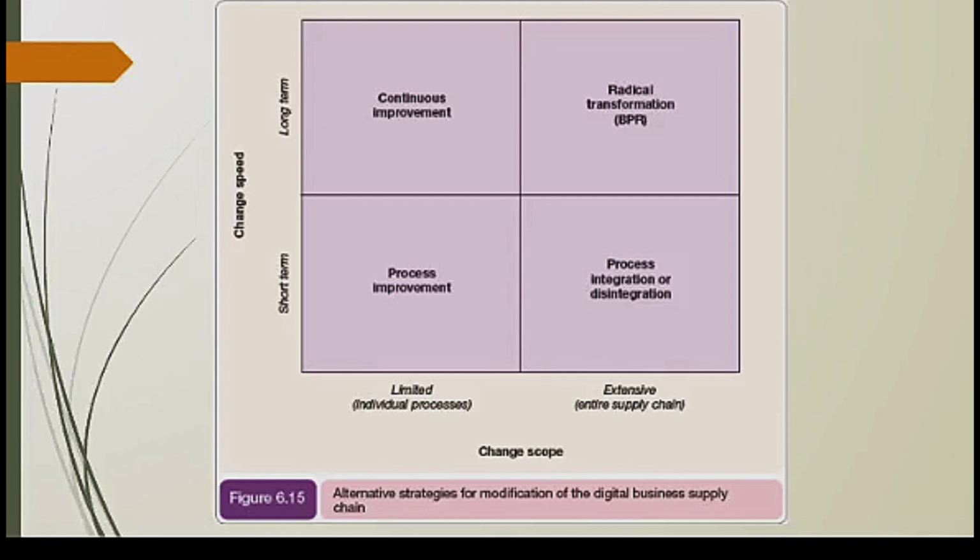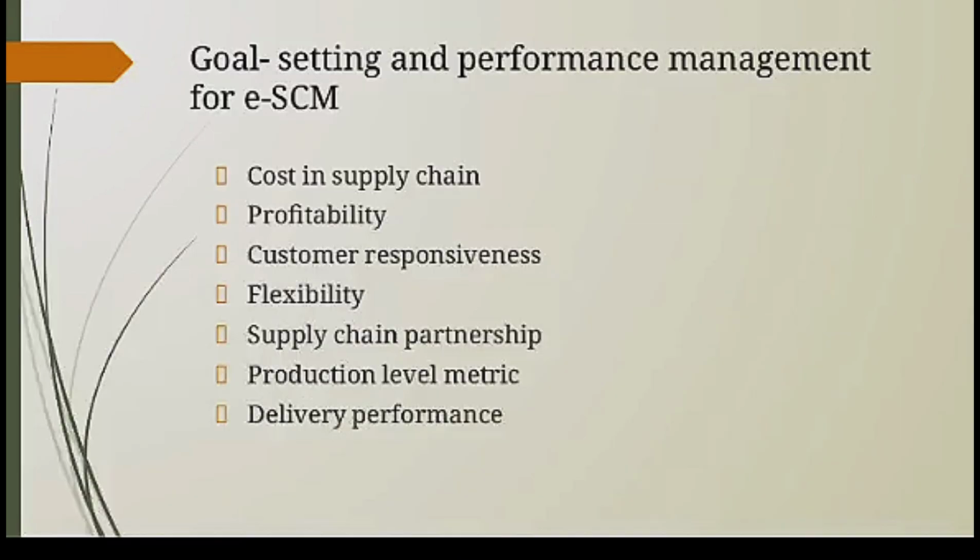If there is a problem in the exchange of information, we give it an improvement, so that is where we focus. So that improvement is limited because we only focus here and it is only one piece. So it is just an individual process. It is short term, and the change speed and change scope is an individual process and or limited.